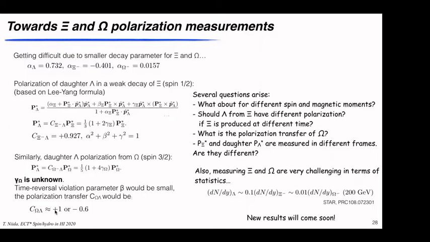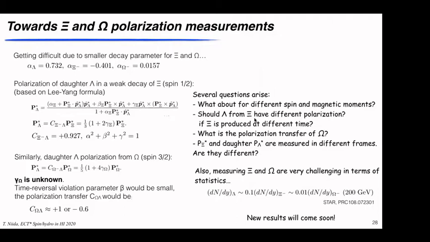But then several questions arise. Of course, first, what about the polarization for different spin or magnetic moment, especially for these three particles? And the lambda decaying from Xi should have a defined polarization, and maybe it is true if the Xi is produced at a different time.